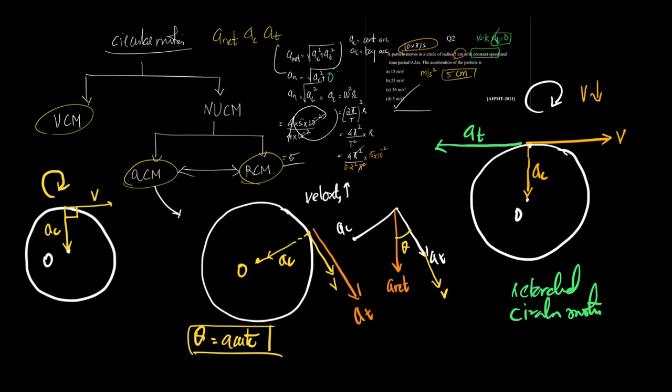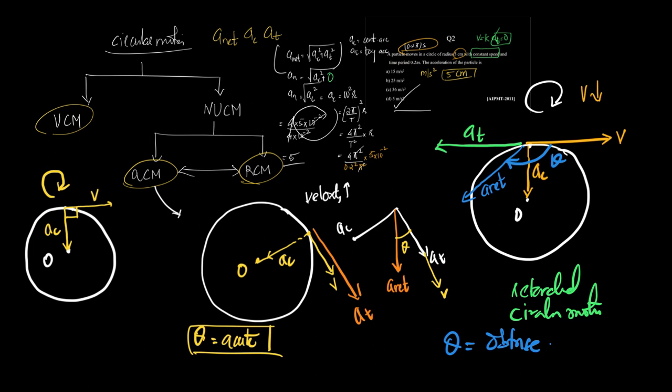Therefore the resultant or net acceleration would be a net. Of course, a longer line would mean the magnitude of the resultant is more, so let us not keep that. So this is a net, and look at the angle theta made between a net and velocity.